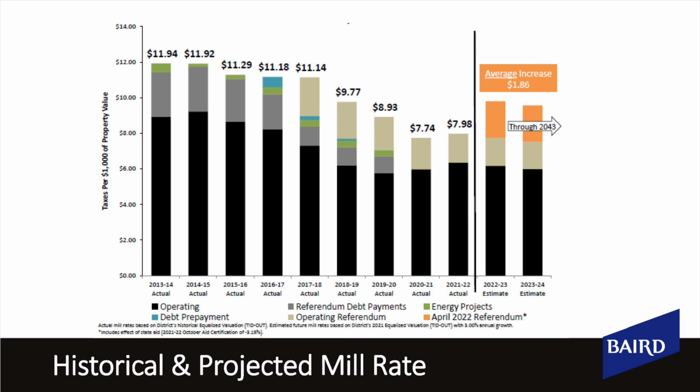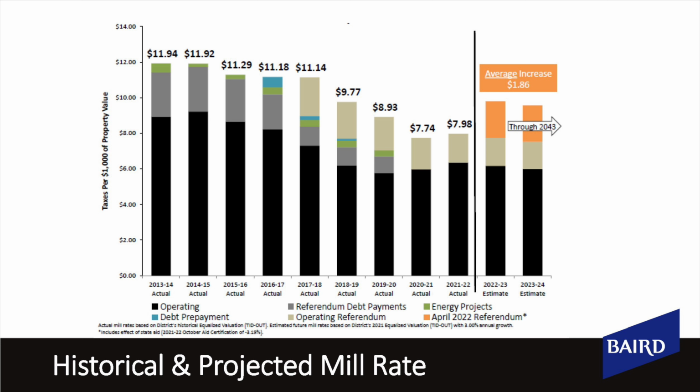The impact needs to be put into the picture of what is our history of mill rate in this district. If you go back to the far left of this slide where you see 2013, 2014 at the bottom left and go straight up all the way to the top, you'll see we were at $11.94.